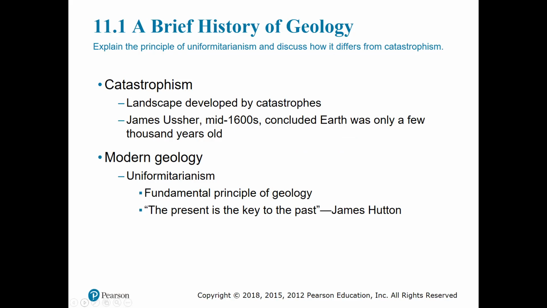We of course now know that mountains and canyons take thousands and millions of years to form, but those features of the landforms were explained as having been produced by sudden and potentially worldwide disasters, basically.